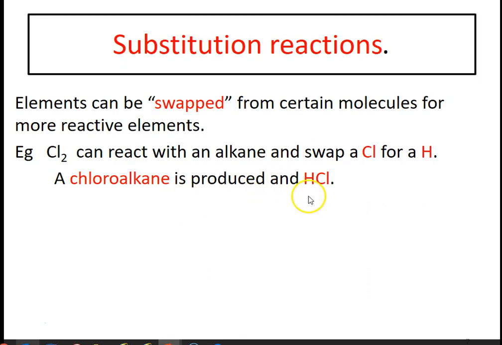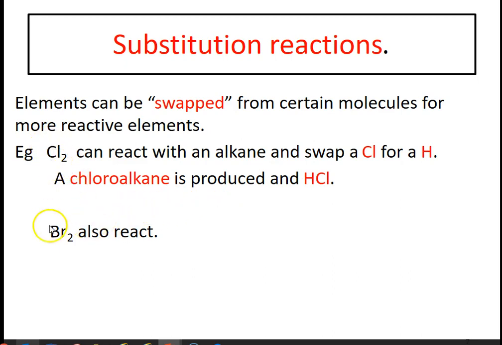So instead of having an alkane with carbon attached to hydrogen, you're going to have a chloroalkane. When you're swapping the hydrogen for one chlorine, the other chlorine and the hydrogen that you've swapped are going to produce the hydrochloric acid as well. So that's the other thing that will be produced.